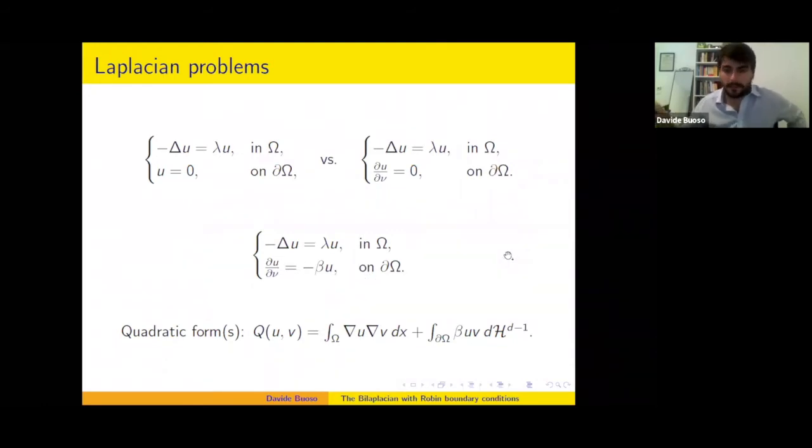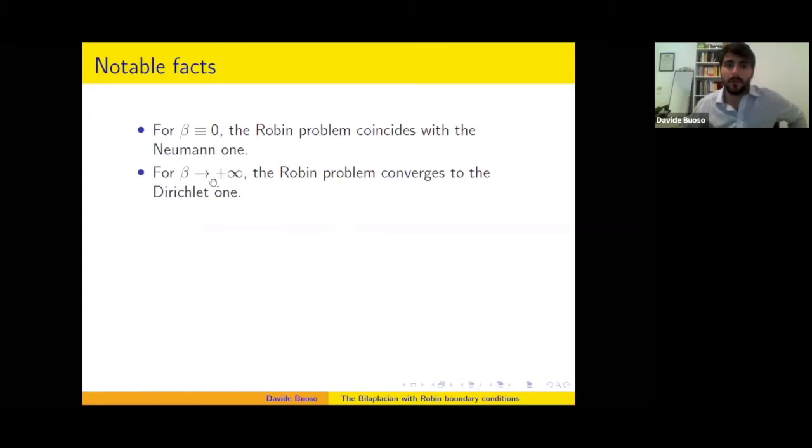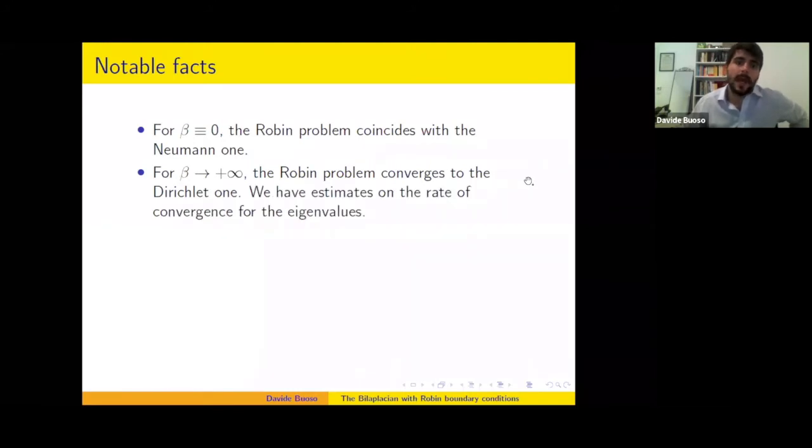It's a little more complicated than this, but more or less this is the idea. So when beta goes to plus infinity, you recover the Dirichlet problem. There is convergence of the eigenvalues and of the eigenfunctions. And if the domain is smooth, the rates of convergence for the eigenvalues are also known.